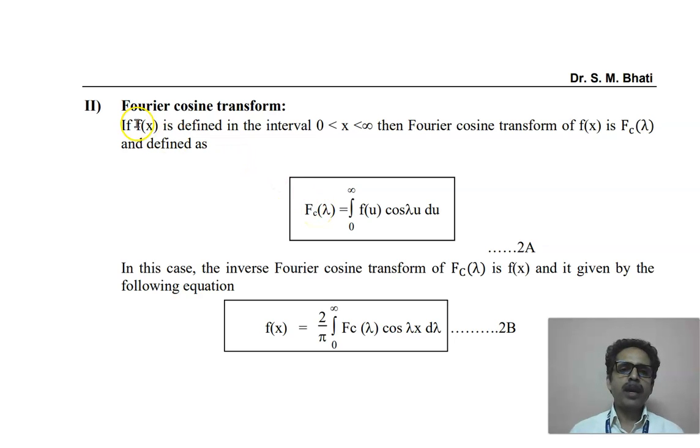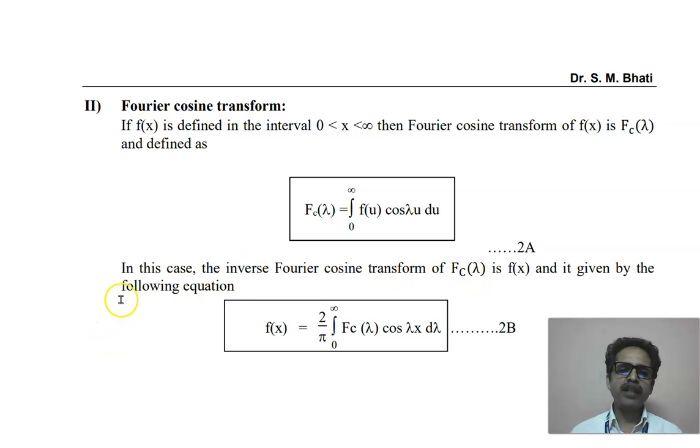Now in this way, f of x is the given function and its Fourier cosine transform is capital Fc lambda. Conversely, if we know capital Fc lambda, we can get the function f of x. In fact, if capital Fc lambda is Fourier cosine transform of f of x, then f of x is called inverse Fourier cosine transform of Fc lambda.